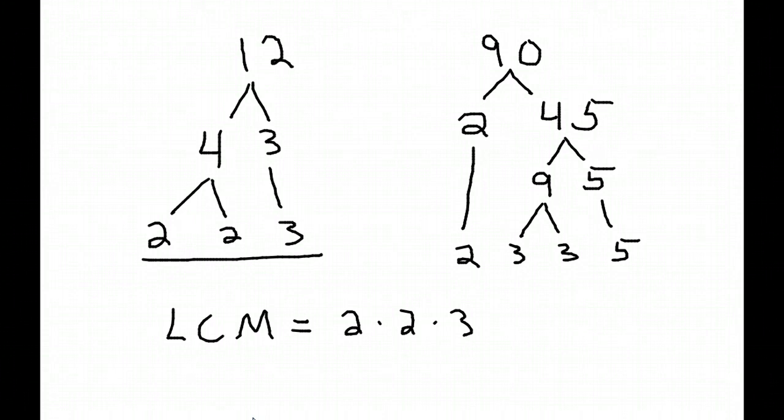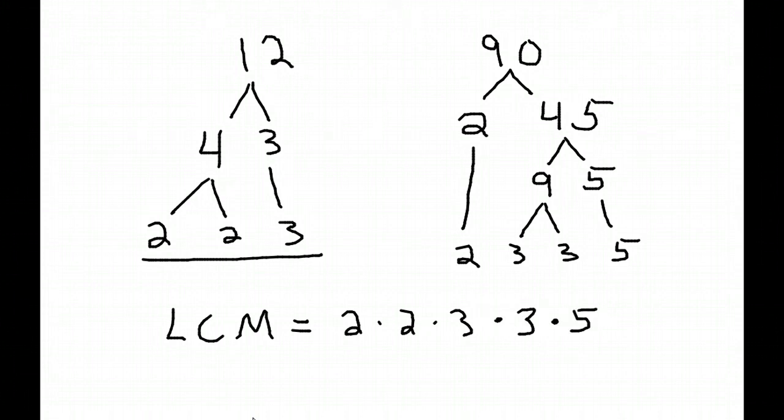Now for the 90, you need to put down only the numbers that are not already there. For the number 90, I need a 2, 2 3s, and a 5. Well, I've already got a 2 and a 3 listed, so it looks like I only need one more 3 and a 5.